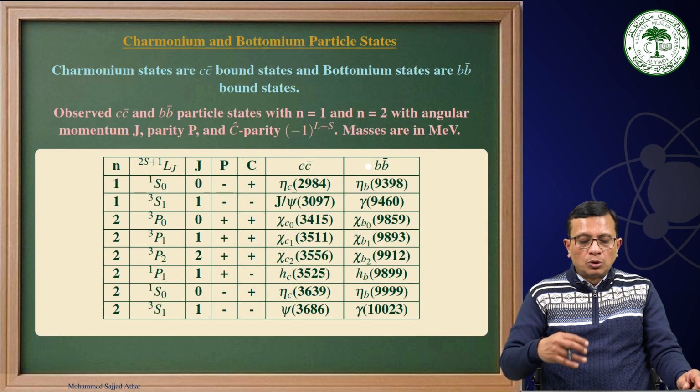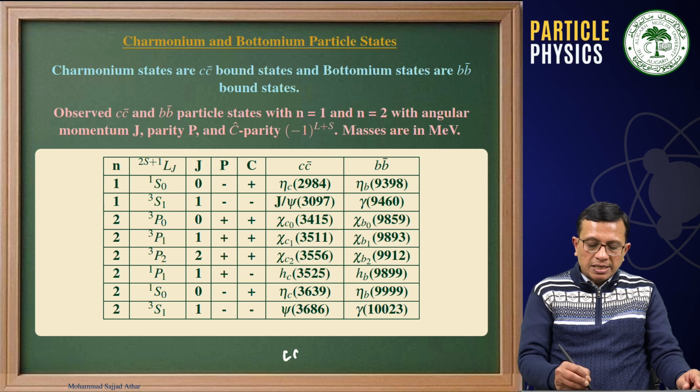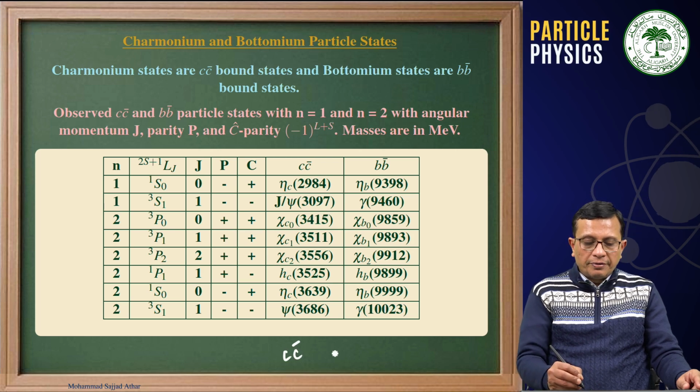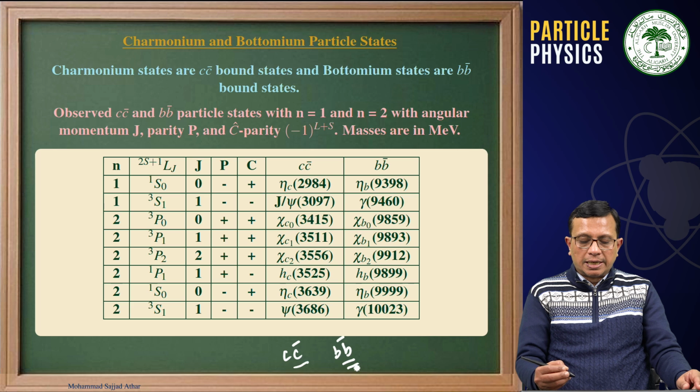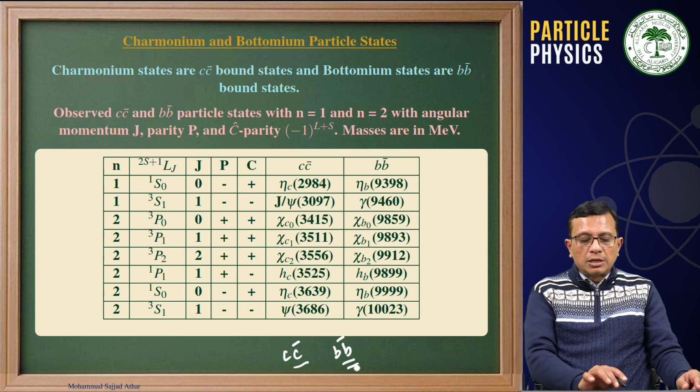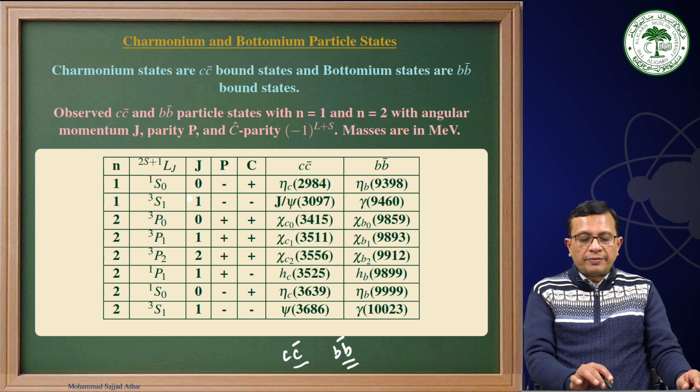Similarly, if we go to the quarkonium system, where we have a c c bar bound state or a b b bar bound state, this is similar to the electron-positron bound state. And as you can see, when n is 1, you can have S equal to 0 or S equal to 1.